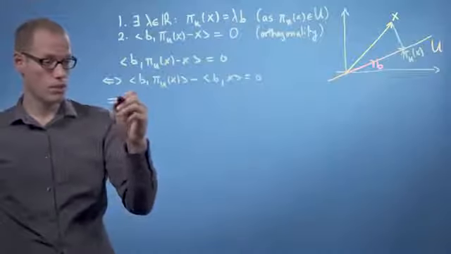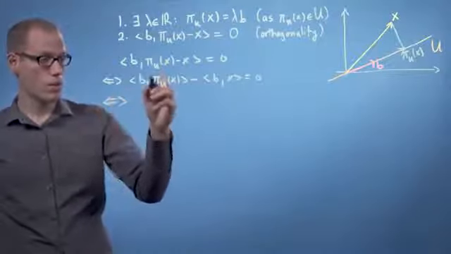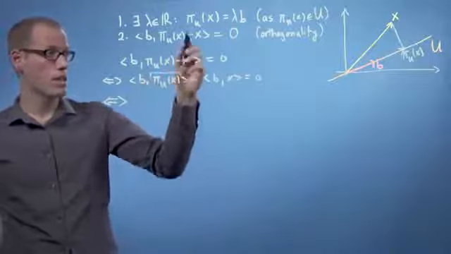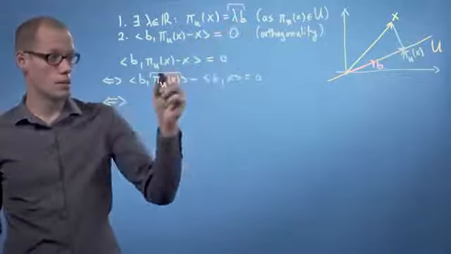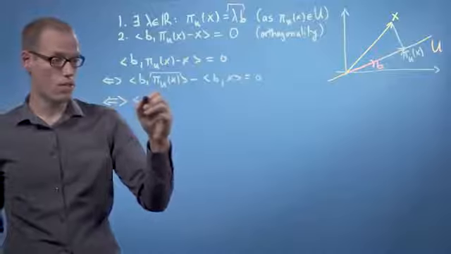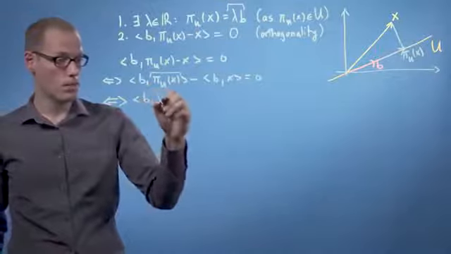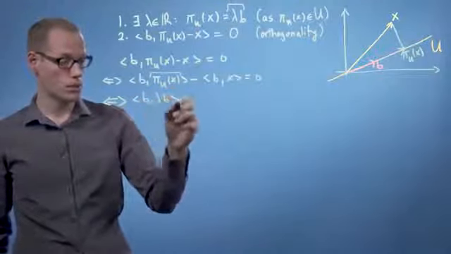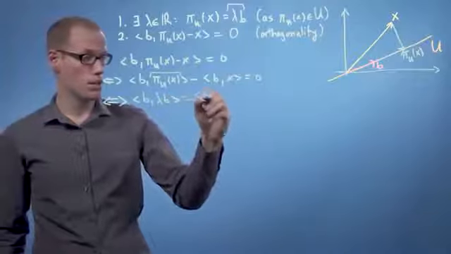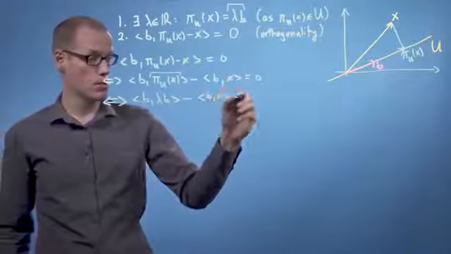Now we're going to rewrite pi u of x as lambda times b. So this is equivalent to the inner product of b with lambda b, minus the inner product of b and x. That must be 0.